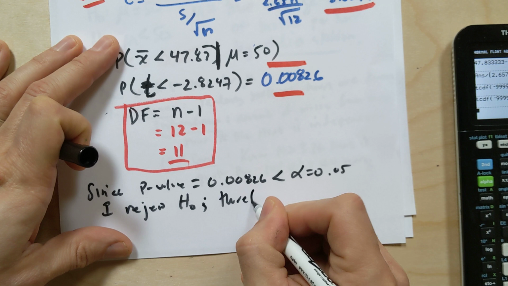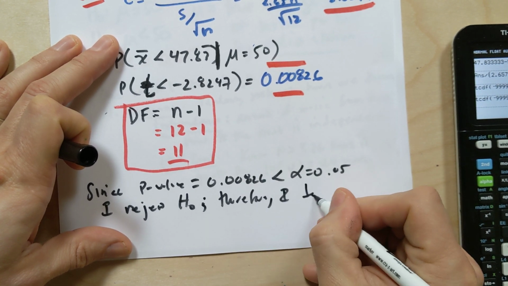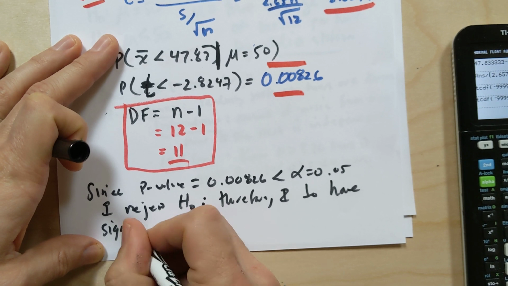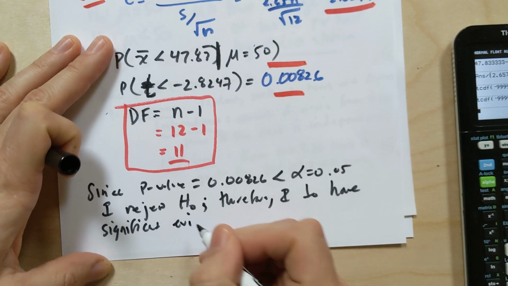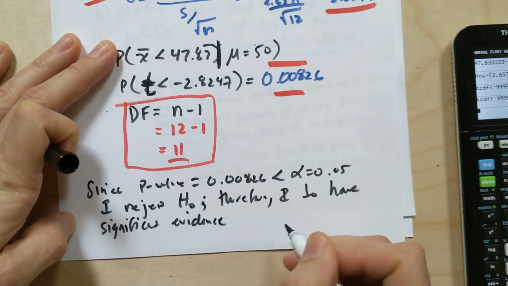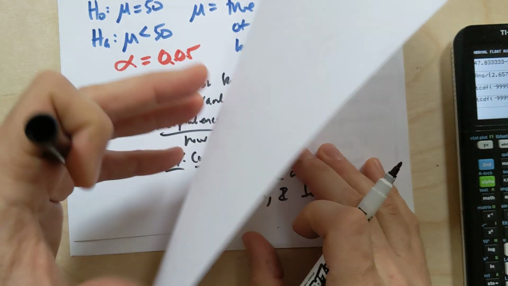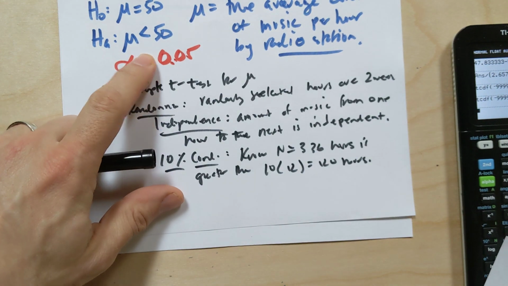Therefore, I do have significant evidence that what? Well, I'm rejecting the null hypothesis. That means I have significant evidence in favor of the alternative.